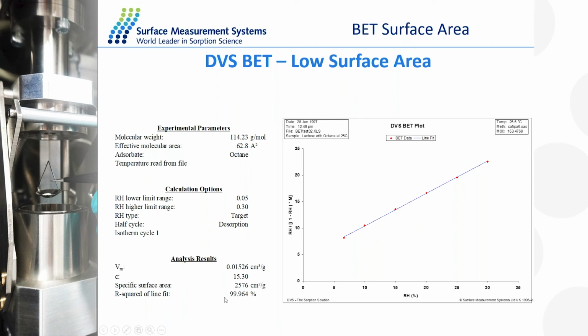We check that our R-square value is as close as possible to 1, and then automatically we can calculate the volume of the monolayer and the constant of absorption, so we know the specific surface area of the sample. And this is very repeatable. It's basically the same performance and the same type of calculation that you will use gravimetrically and volumetrically. No difference from that point of view.